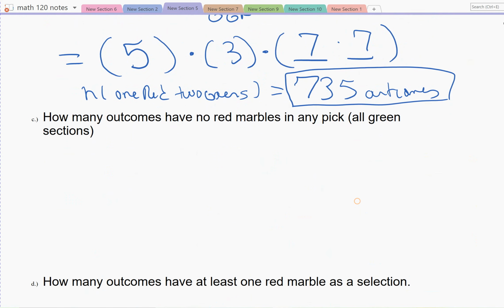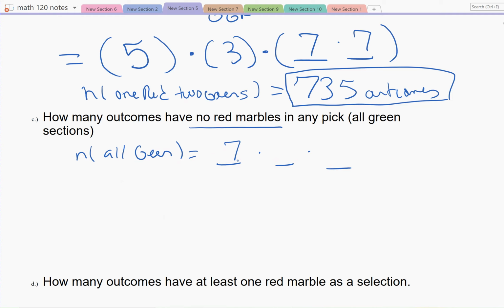Alright, next subset. How many outcomes have no red marbles in any pick? All green selections. So the first choice is green, the second choice is green, and the third choice is green. Well, there were 7 green marbles on the first one.